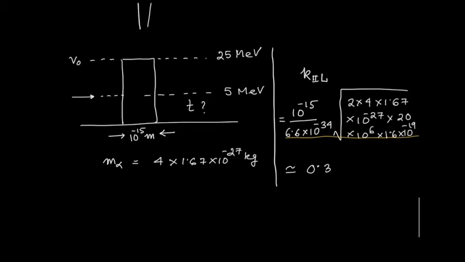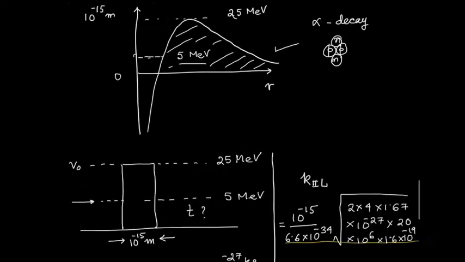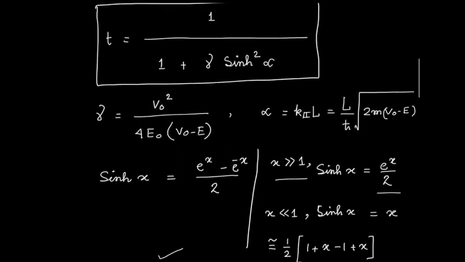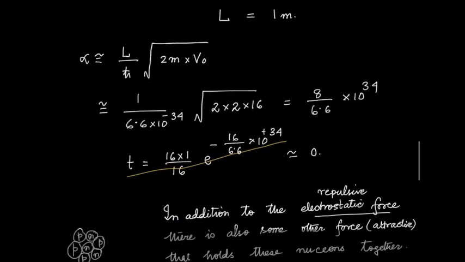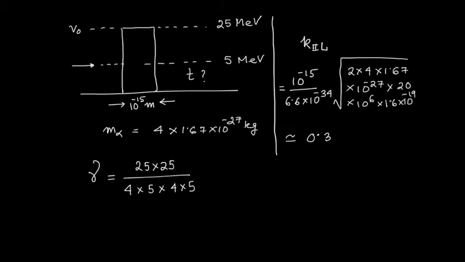Which means, let us calculate again what gamma is. Gamma is written here. Let me show you once more. Gamma is V0 squared by 4 E naught into V naught minus E. So V0 is 25, so it's 25 squared by 4 E naught into V naught minus E, which is 20.